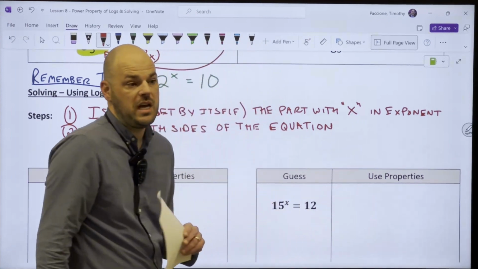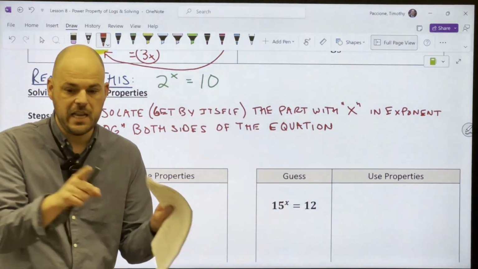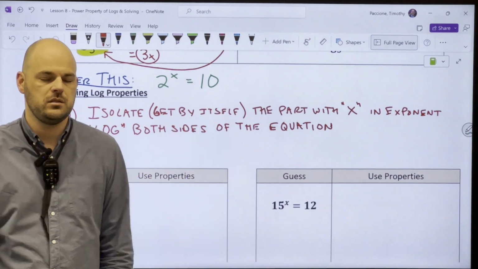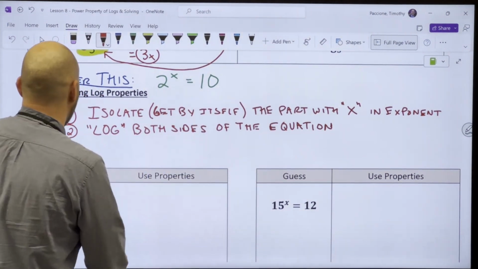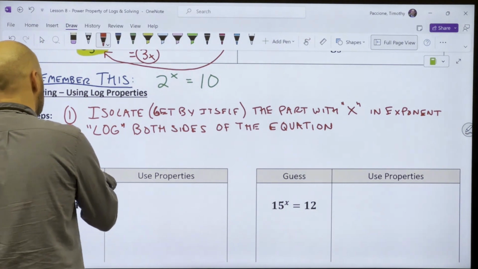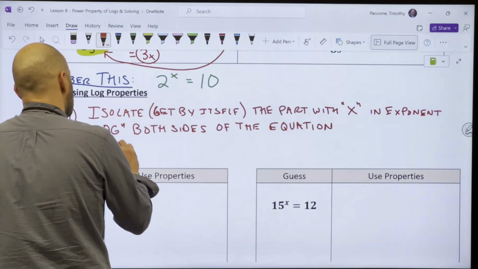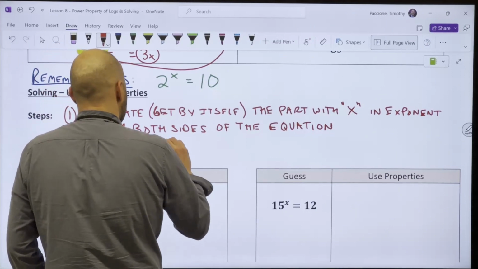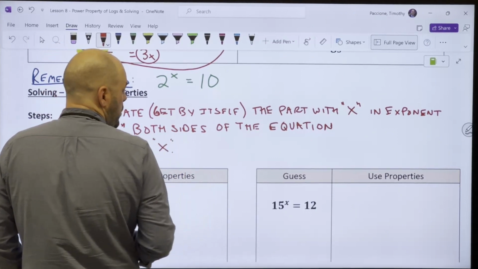Well, you can log both sides of an equation. You can log that side and that side. Logarithmic property of equality allows us to do that, right? Things remain true. And then after you do that, you can solve for x. And you'll see why that helps. Or whatever other variable you have.